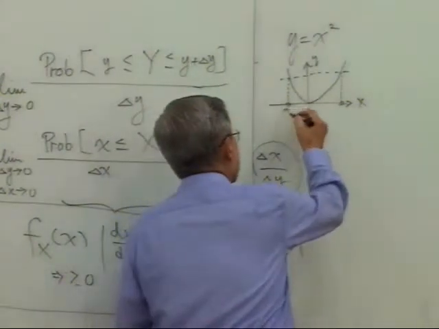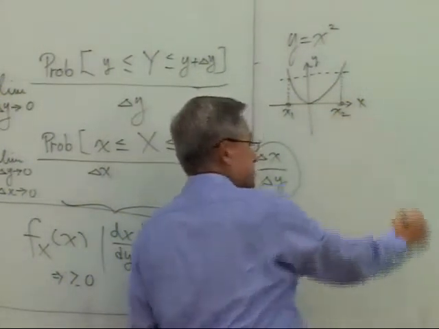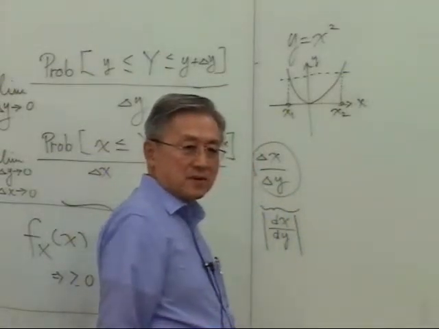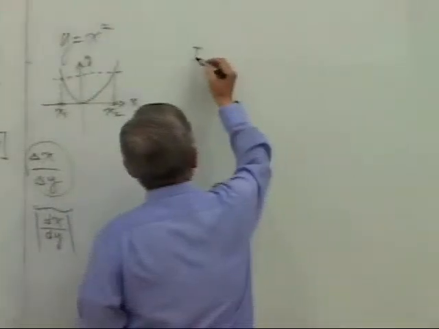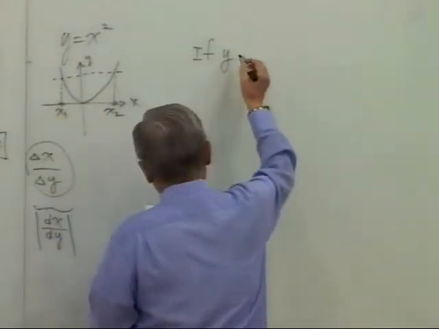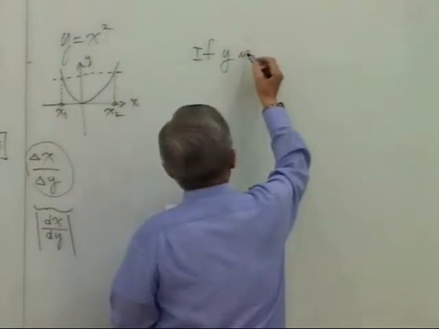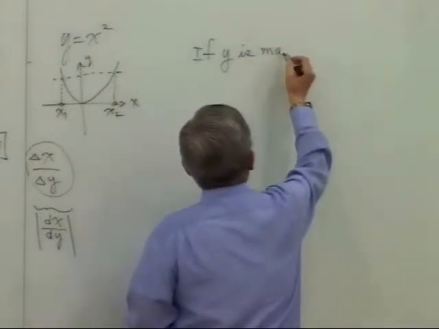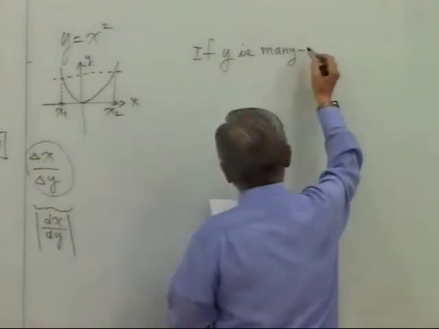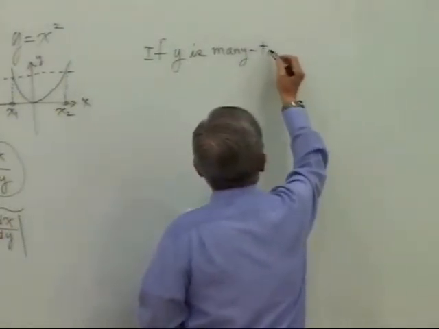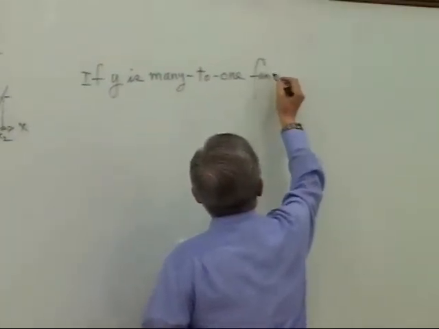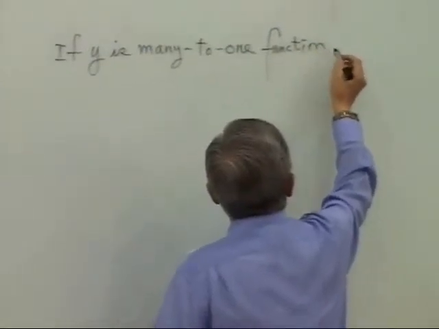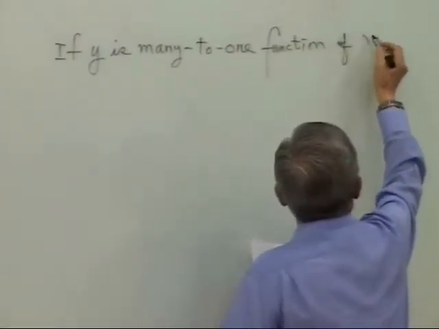Two roots, x1 and x2, exist. What do you do in such a situation? For that situation, if y is a many-to-one function of x.